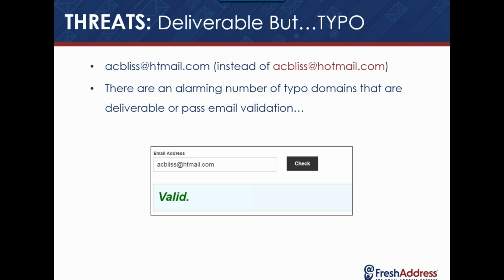I think the scarier aspect of this example, at least for Hotmail or other popular domains, is that there are certain spam traps that specifically target popular domains, and they try to register something like htmail.com with a certain handle and pass that off as a spam trap. If you're looking at that, you may not necessarily know, or it might fly through. We'll talk a little more about spam traps in a second, but those typos can be very costly if you don't catch them.